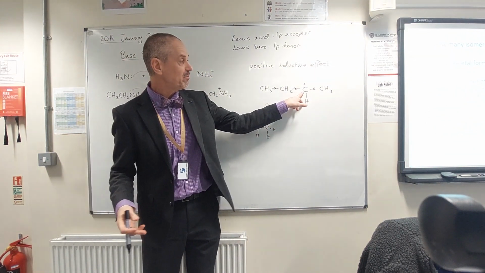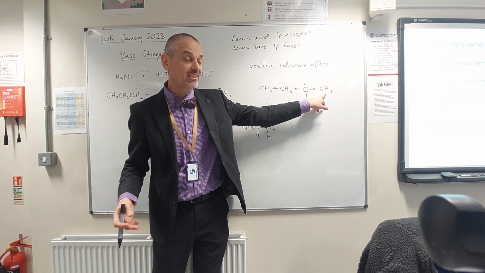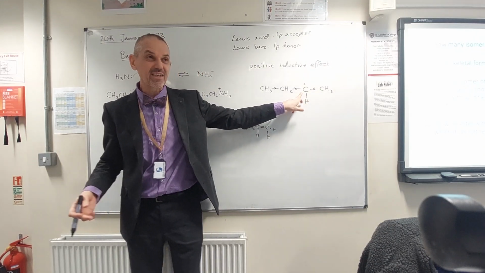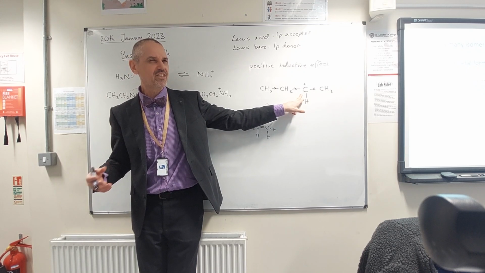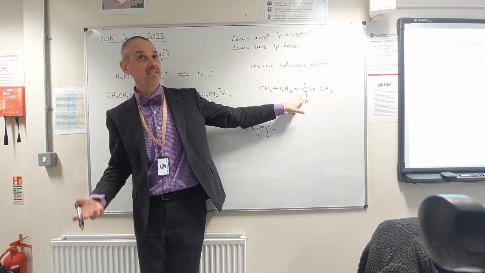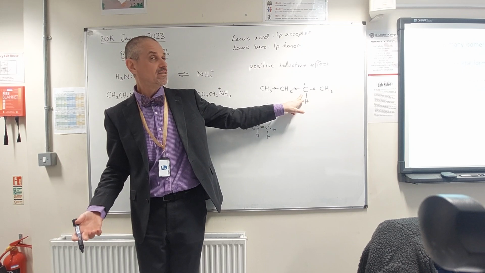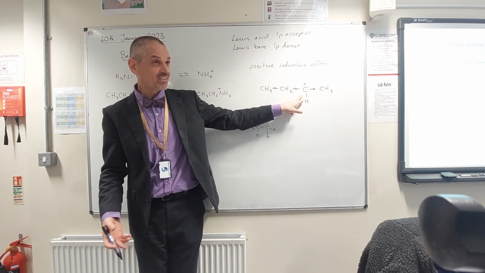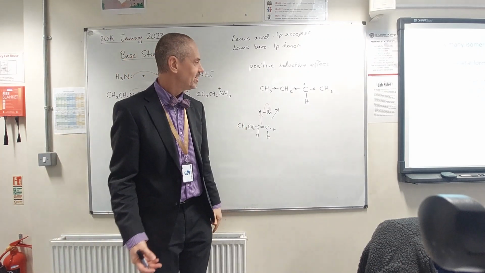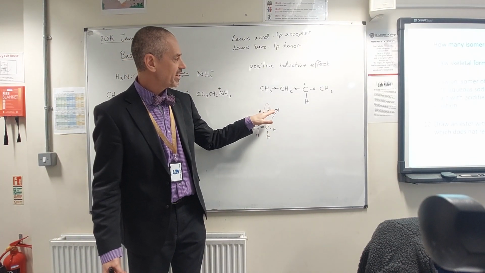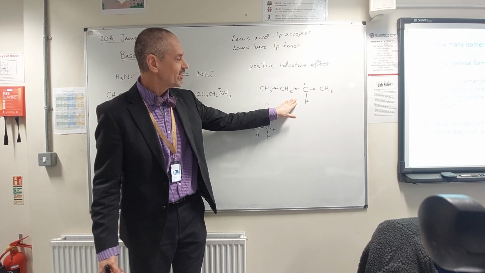It can either happen on that middle carbon there or on the end. We say the middle is favoured, or to be more precise, the secondary carbocation is stabilised by the positive inductive effect. Those 6 words make your answer really good.